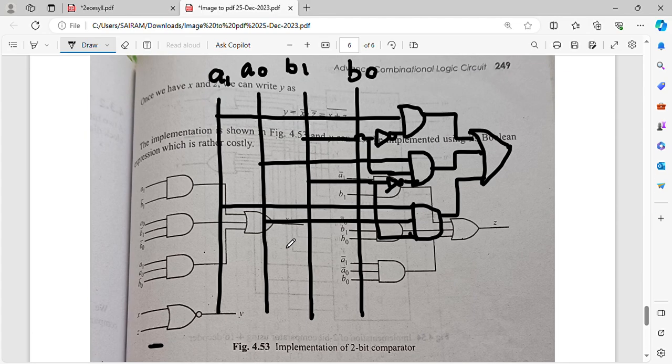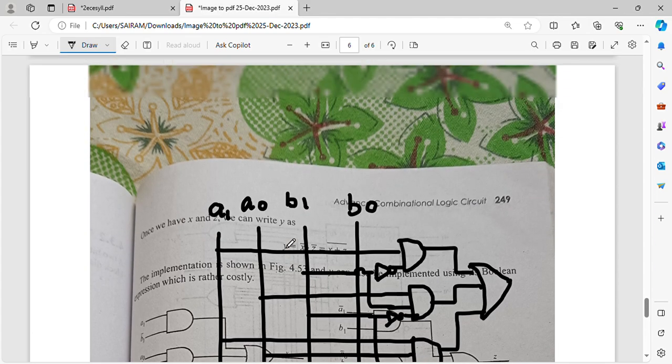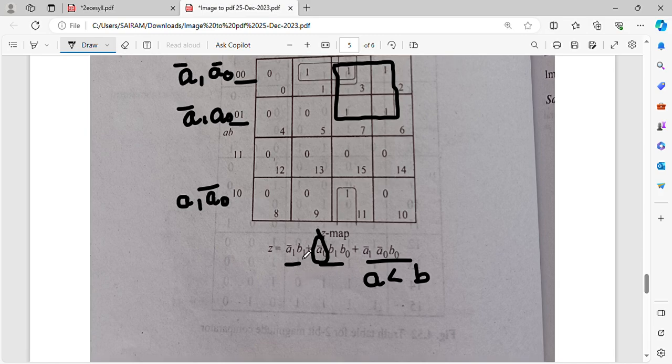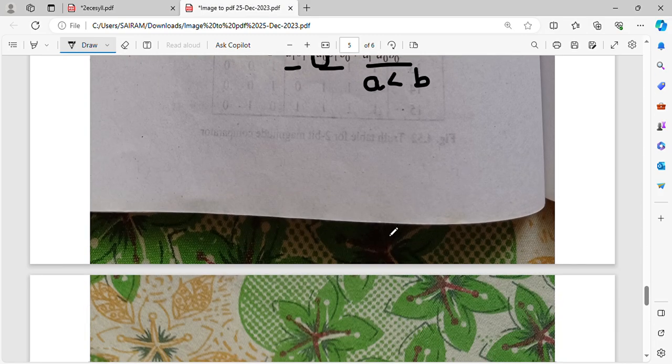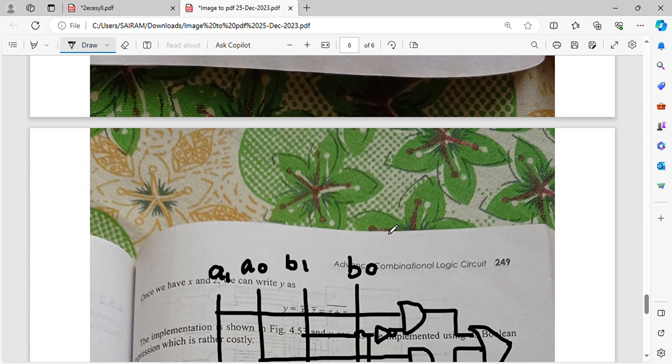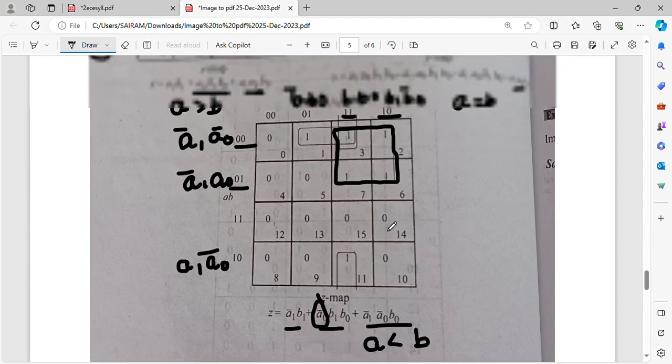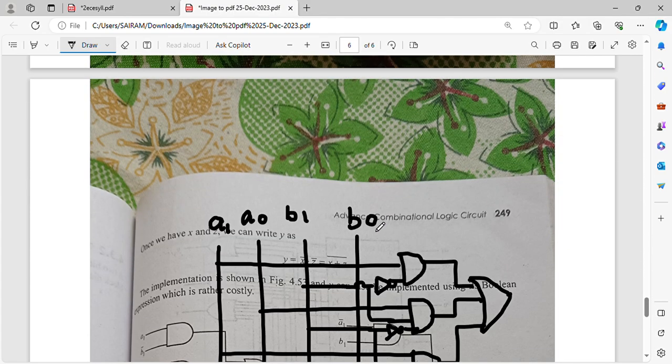Similarly, next you have to write Z; you don't have to write Y. Z is nothing but this particular one. So you have to consider that here there is one thing written. Once we have x and z, we can write y as y is equal to x plus z the whole bar. So that is why we are not writing a diagram with respect to y, and we are considering y as x plus z, the whole bar, right?